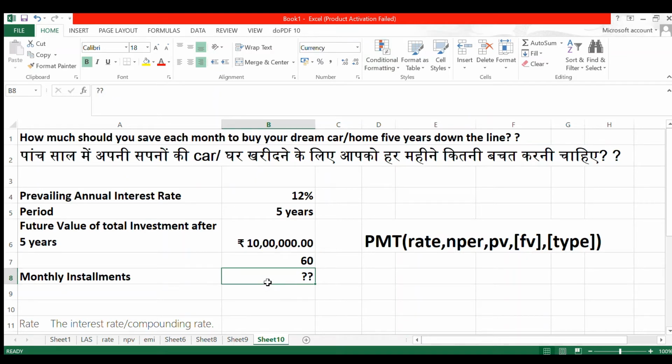Now we can use the PMT function and populate the values to the PMT function to compute the monthly saving.